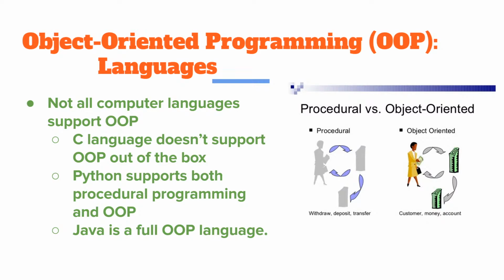Java is a full OOP language. Why make it full OOP? Well, Java is typically tailored towards more professional backgrounds, such as companies. And the reason why you want a language to be full OOP is that you want a standard, in that you want every single program to follow some sort of pattern, right?